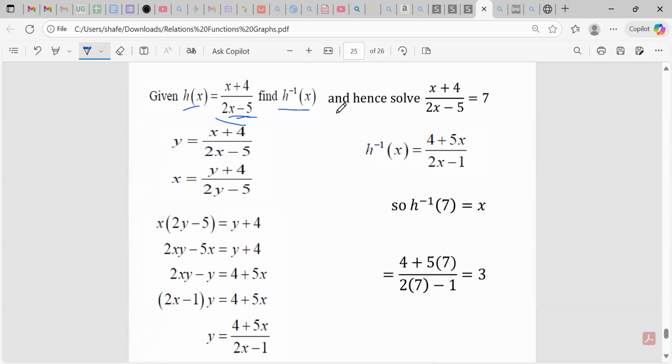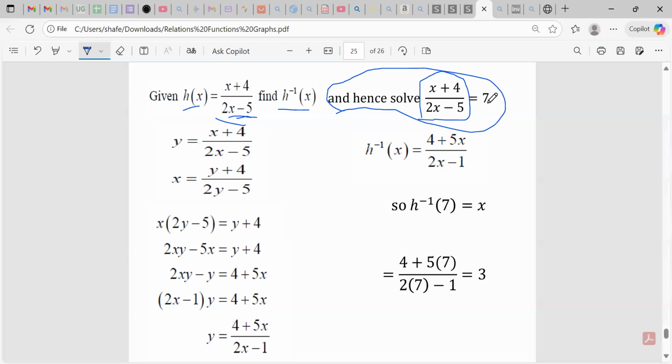However, they tell you, and hence solve this equation, right? Solve this equation. Why are they telling you that this inverse can somehow solve the equation? But if you watch, this part of the equation is really h(x). So what they're telling you is that there's some value x that you will put into h(x) that will give you an output of 7.